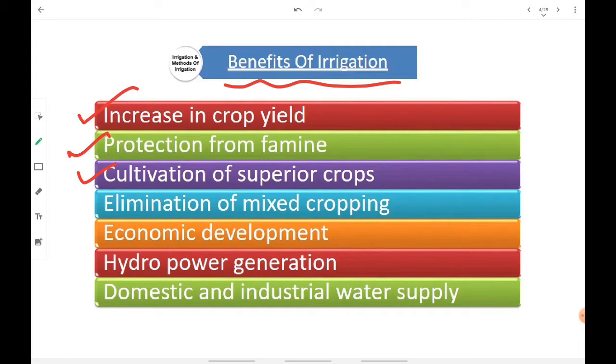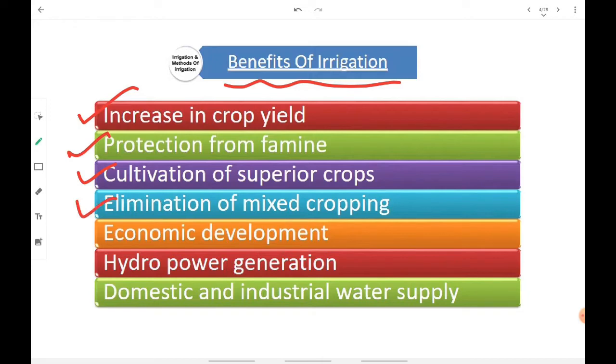But when we have water supplies throughout the year, we can eliminate mixed cropping, which means taking 2 or 3 multiple crops depending on the amount of rainwater we receive. We can eliminate the old-fashioned mixed cropping and have maximum cultivation of superior crops throughout the year with irrigation.